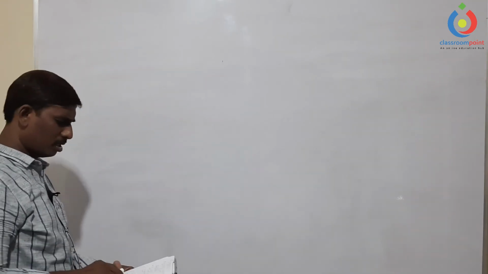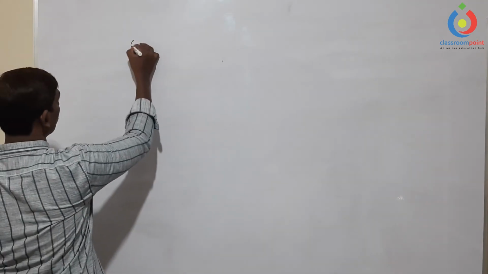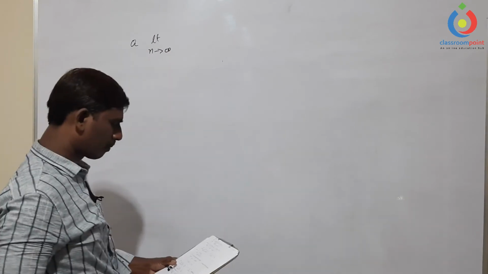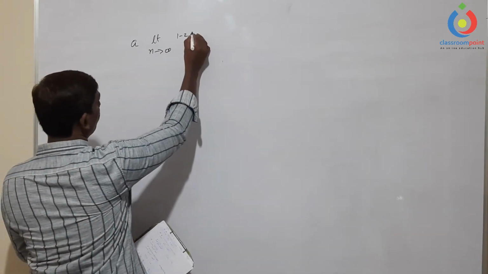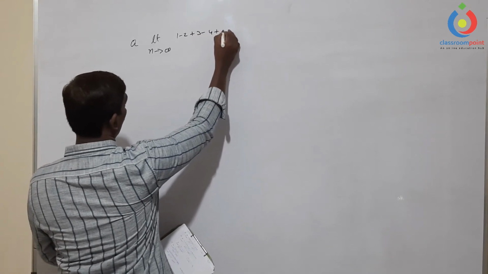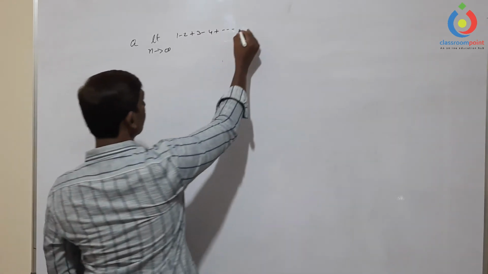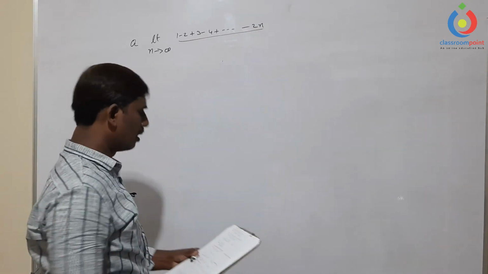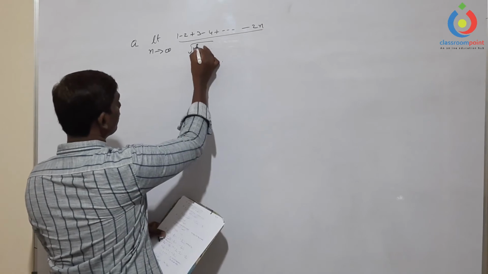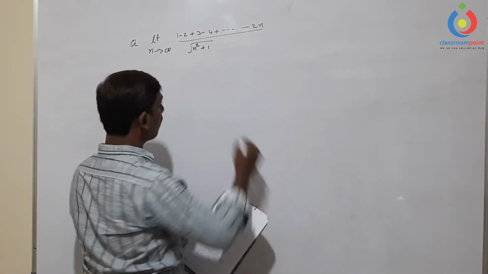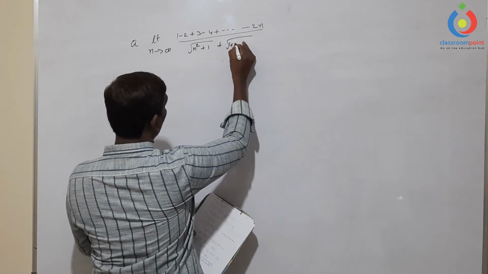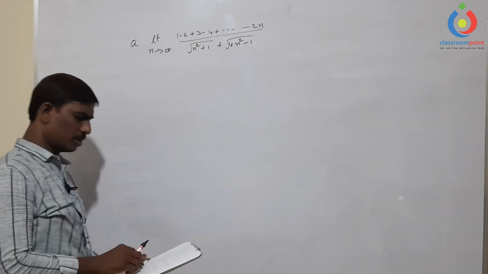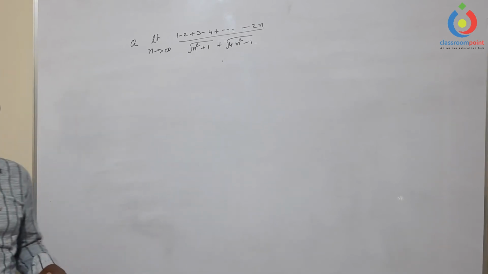It is limit n tends to infinity of (1 minus 2 plus 3 minus 4 plus and so on minus 2n) by (root over n square plus 1 plus root over 4n square minus 1). This is the question. Then what to do here?